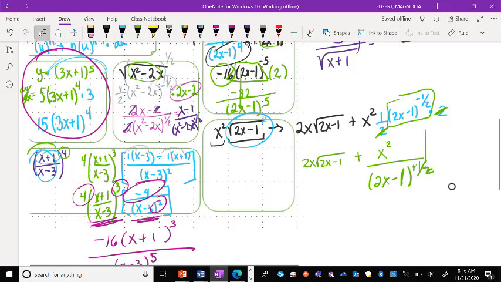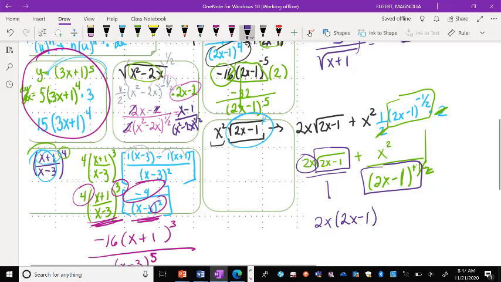All right, so I'm going to show you the butterfly with this, just so you can get used to it. If I put this over 1 and I multiply, this 2x is just going to stay 2x. When you multiply this, square root of 2x minus 1 times the square root of 2x minus 1, you just get 2x minus 1. So that's what I get when I did this diagonal.